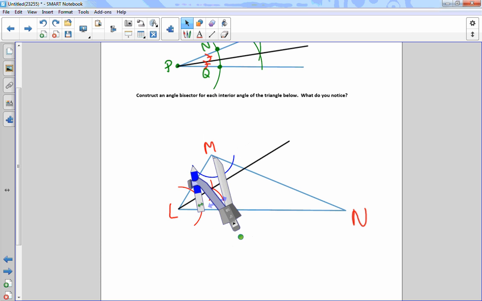Oh, shoot, I moved my lip. You're going to pick it up and relocate it to one of those intersections. Draw an arc on the inside of the triangle.